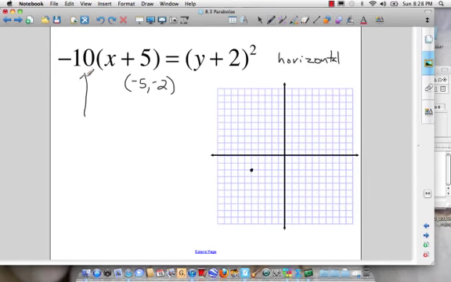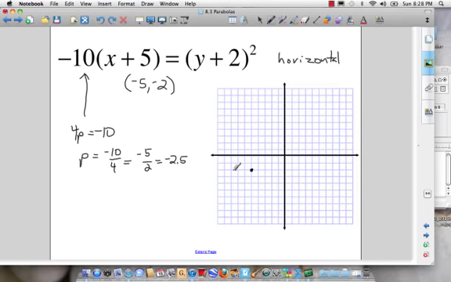And then this number is 4p. So 4p is −10, which means p is −10/4 or −5/2. I know a lot of you prefer decimals, −2.5. So that means that the focus is 2.5 units from the vertex. And since it's negative, I need to move to the left.